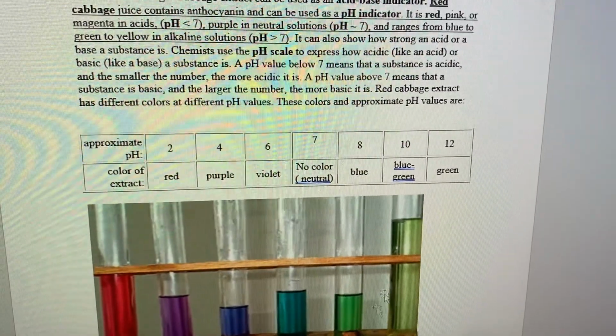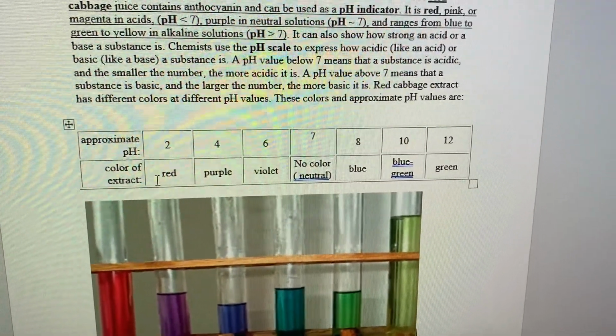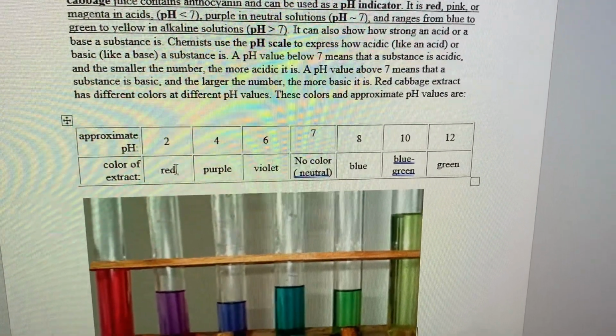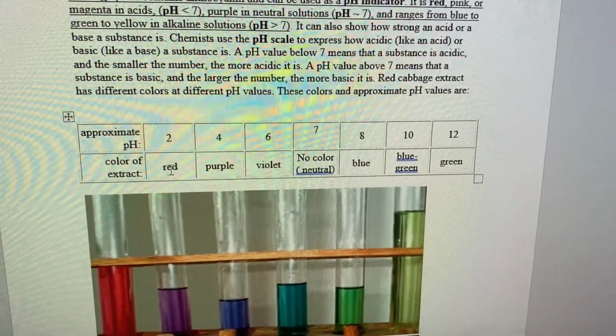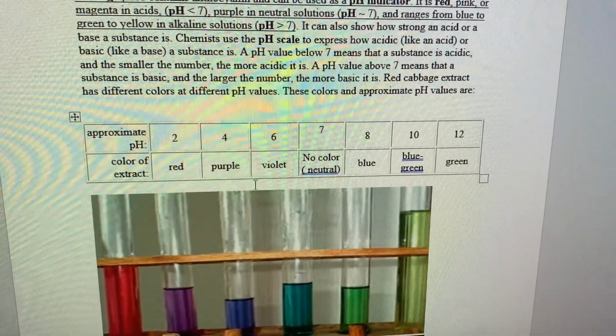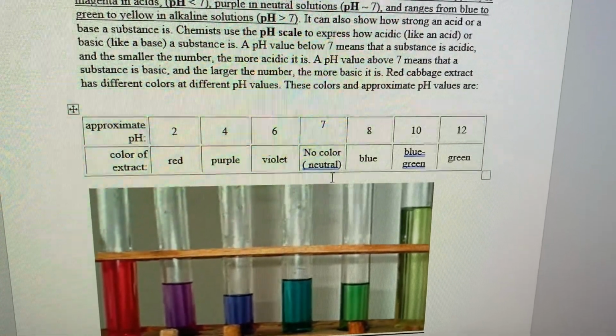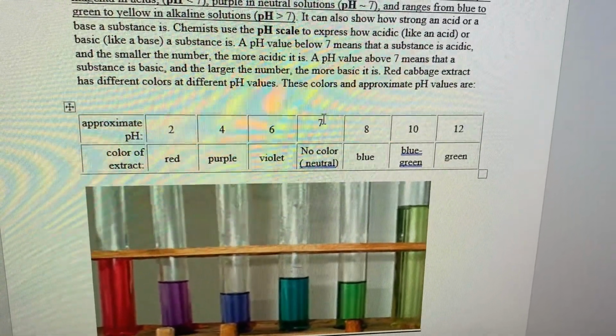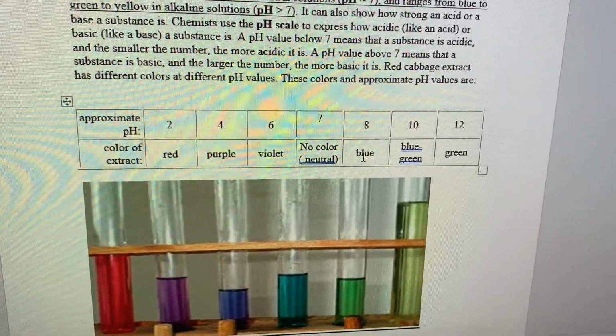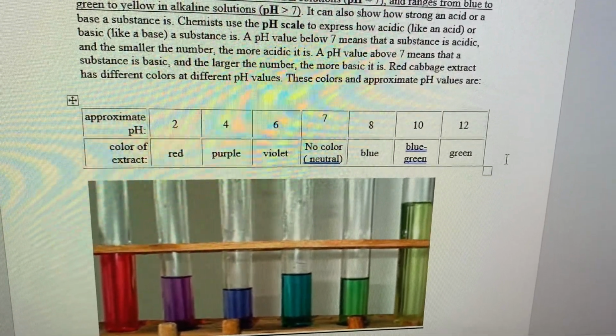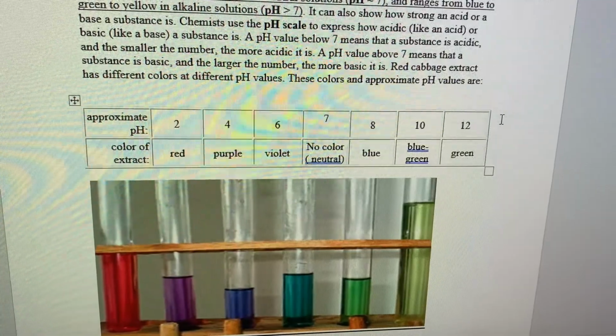Using a pH paper as an indicator, red means pH 2, purple 4, violet 6, no coloration is 7, and from blue till green 8, 10, 12. This is approximate.